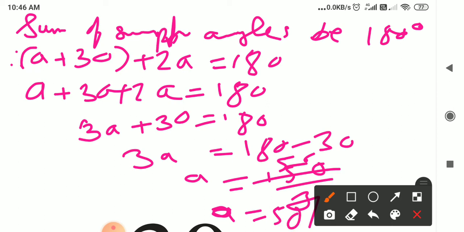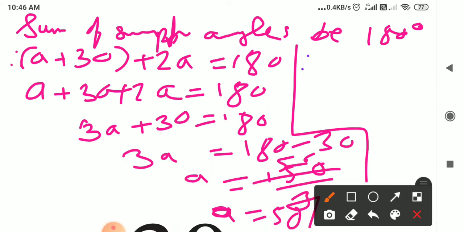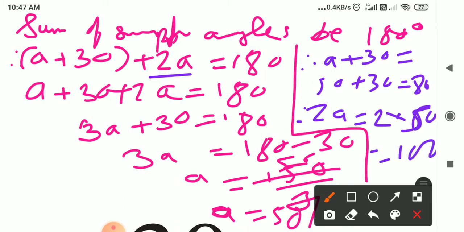Now we have to find the measure of the particular angles. a plus 30 equals 50 plus 30, since a is 50, which equals 80. The other angle 2a equals 2 into 50, which equals 100.